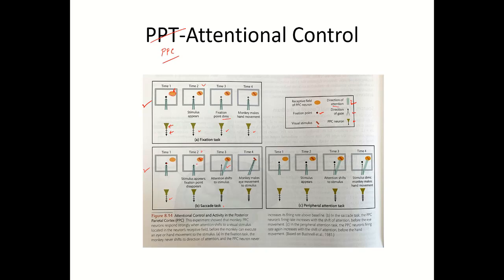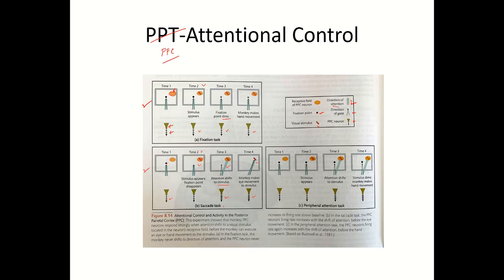And the fixation point disappeared here, okay. So after the fixation point disappeared, the monkey had to pay attention to the target and then shift the eyes to the target. So you see, when the monkey was paying attention to the target, before it moves his eyes to the target, the firing increased here, and the firing continued, increased during the movement of the eye.